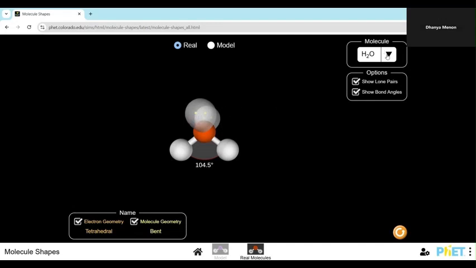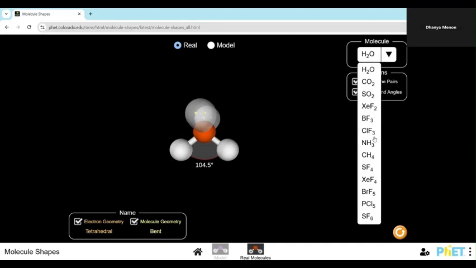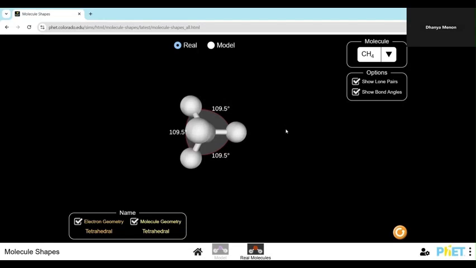Right? In case of methane, you can see all the bond angles are equal, and both geometry and shape is tetrahedral because there is no lone pair, absence of lone pair. Okay, so the adjustment is only between the bond pairs.